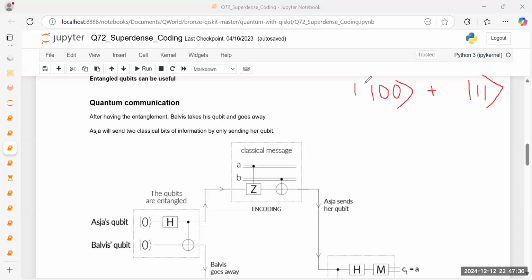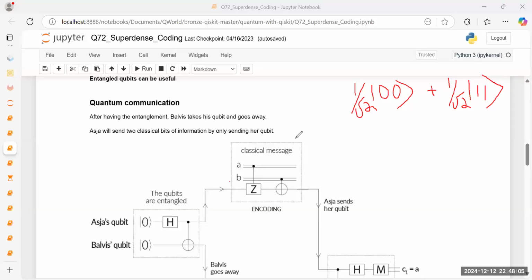We're going to use the state you see here. Then Asha and Balvis can go their separate ways, but this is the state we'll still have even when they go their separate ways.